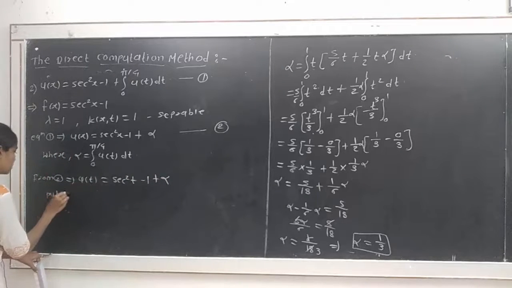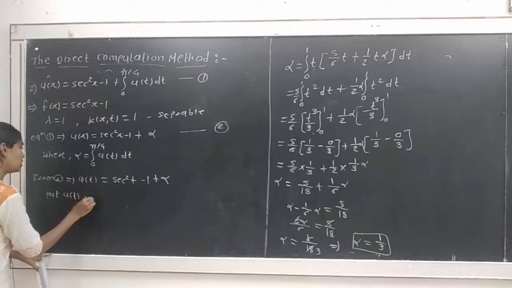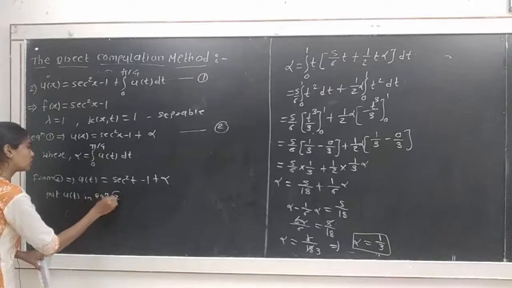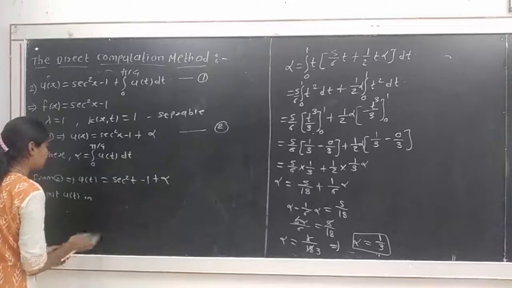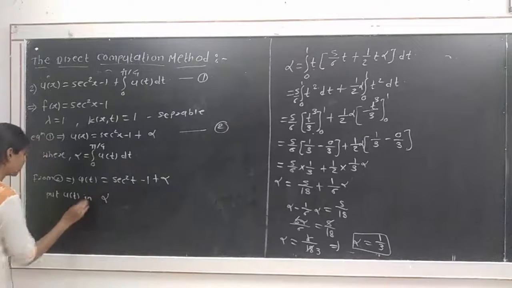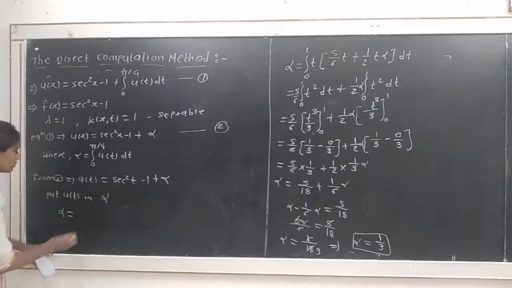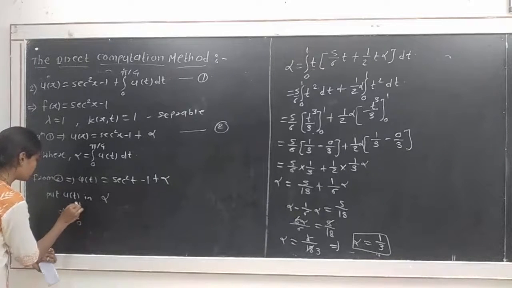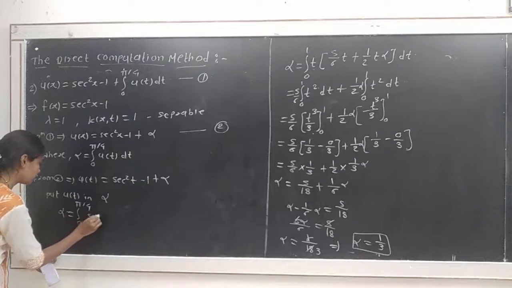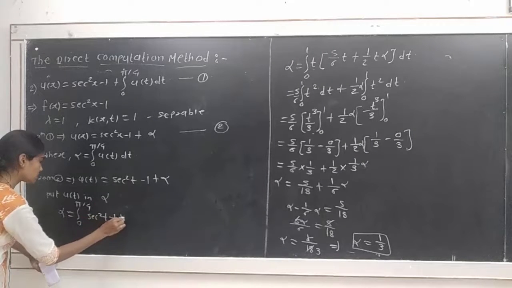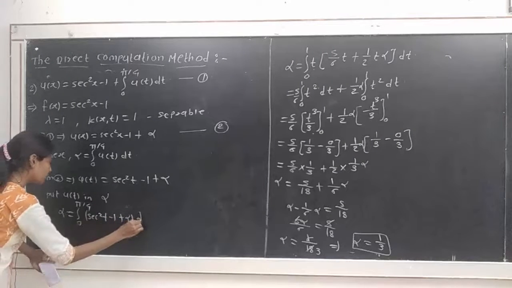Then put u of t in equation number 2, in alpha we get alpha is equal to integration from 0 to pi by 4 u of t will be this. We can put sec square t minus 1 plus alpha into dt.